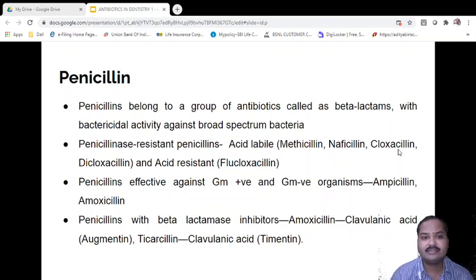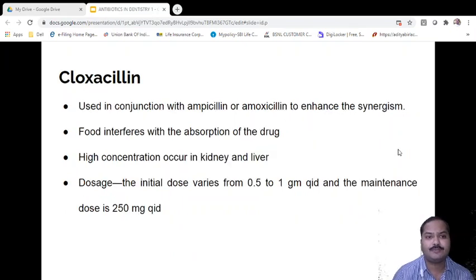So penicillinase resistant penicillins have been developed, penicillins which are effective against gram-positive and gram-negative organisms have been developed, and penicillins with beta-lactamase inhibitors have been developed in the due process. So these were the demands of the times when mutations have changed the drug.